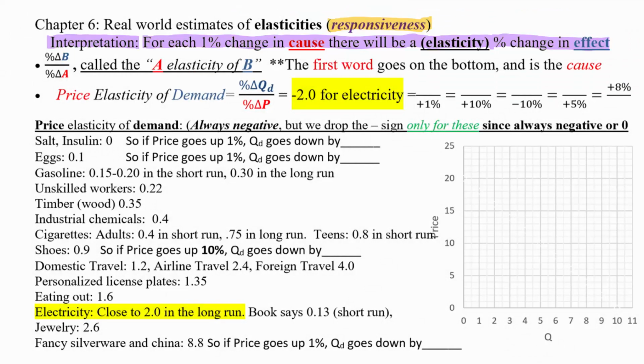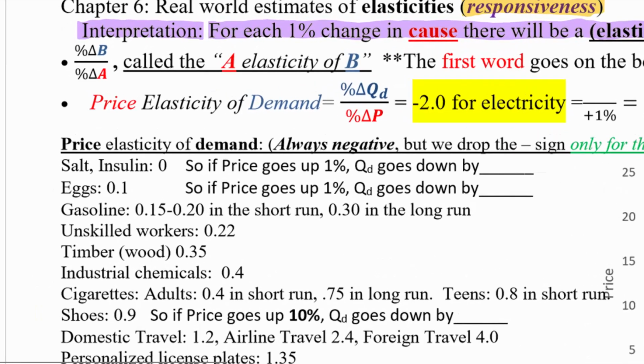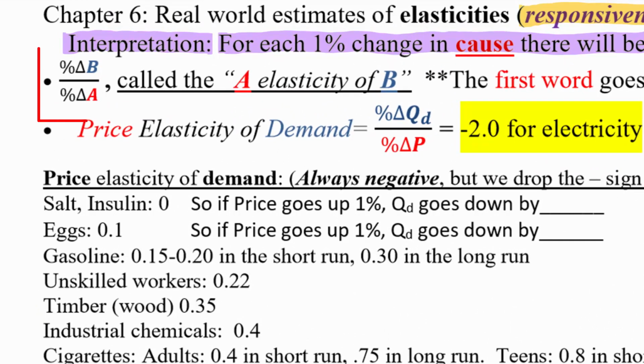Any elasticity, and this is going to be true when we talk about calculating elasticities as well, when we go to look at the formula, which we're not going to focus on too much today, is always a percentage change in one thing in the numerator divided by the percent change in something else in the denominator of a fraction.